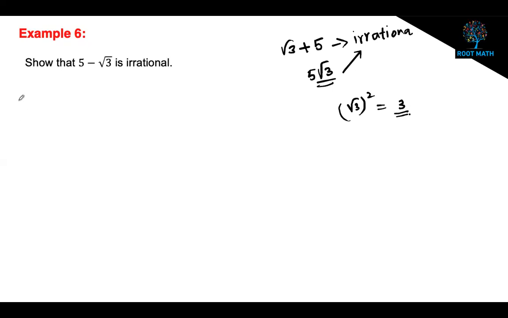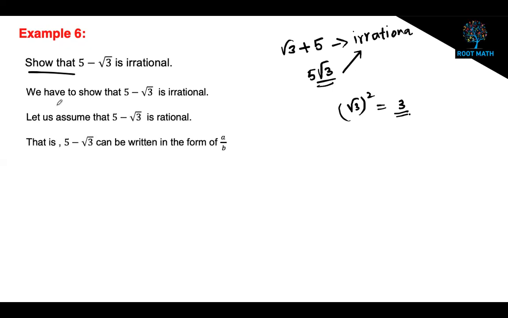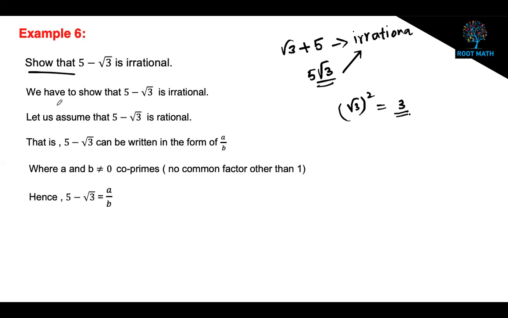Okay, so now look at the question. 5 minus root 3 is irrational. That is what we want to show. So, according to our contradiction method, first take 5 minus root 3 as rational. So 5 minus root 3 can be written in the form a by b, where a and b are integers and b not equal to 0. At the same time, they are both co-primes. So 5 minus root 3 is equal to a by b.